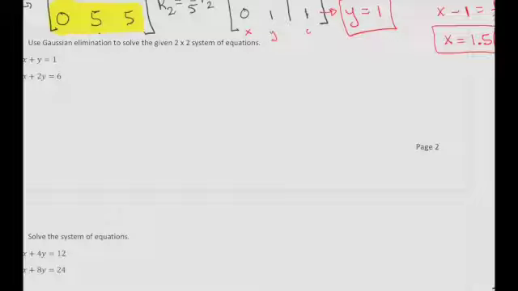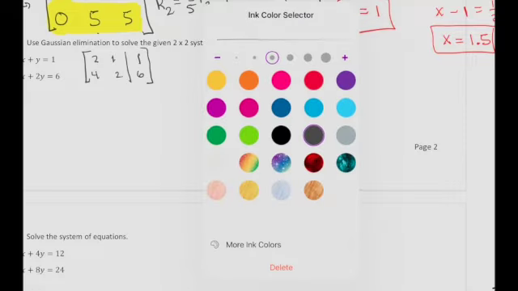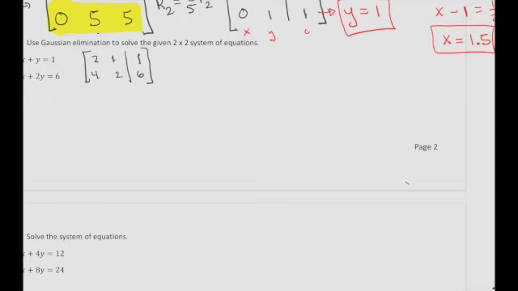All right, let's set up a matrix. 2, 1, 1, 4, 2, 6, like so. I need a 1 in this spot, okay? It's not very fun.